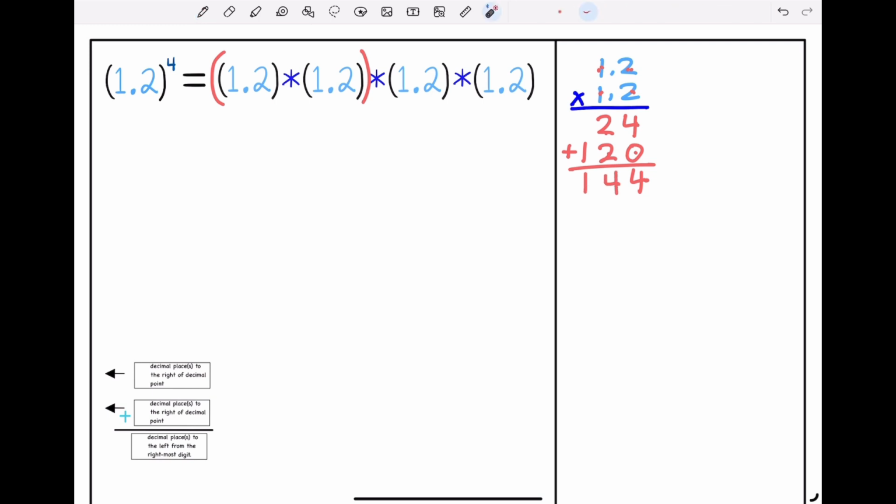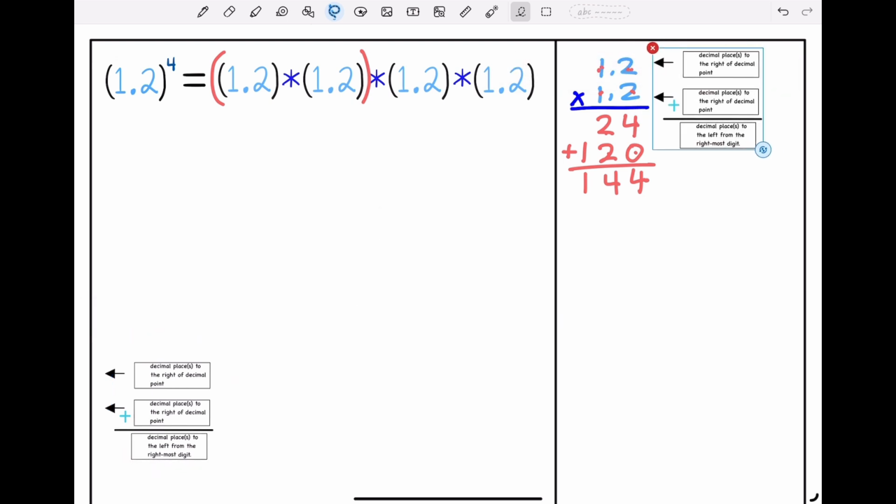Alright, so now we have to figure out where we're going to put the decimal point in our answer. So we first need to do a couple steps. So let's copy and paste this very quickly. Alright, here we go. The first step is we need to count the amount of decimal places to the right of the decimal point, and we have to do this for both of the numbers we're multiplying.